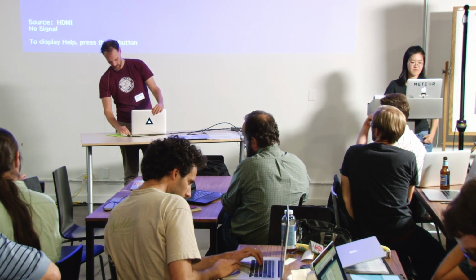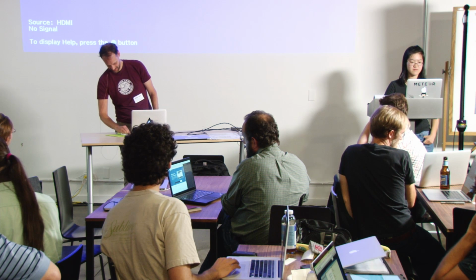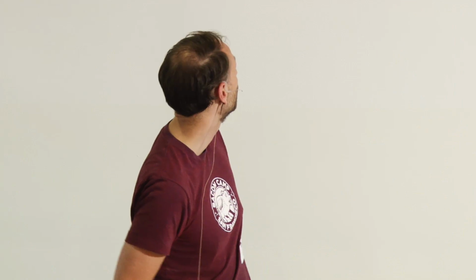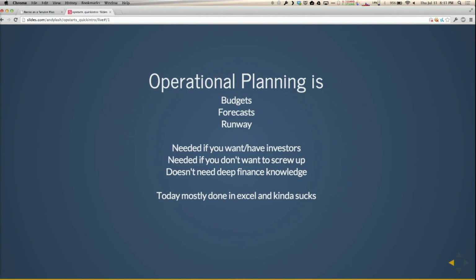Hello. Let me get this going here. Let's make that bigger. Cool. So Opstarts, it's basically a new take on operational planning. So what is operational planning? It's stuff like budgets and forecasts and runway.